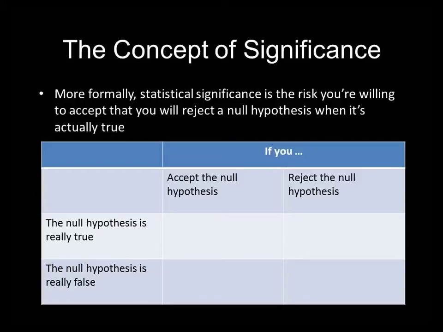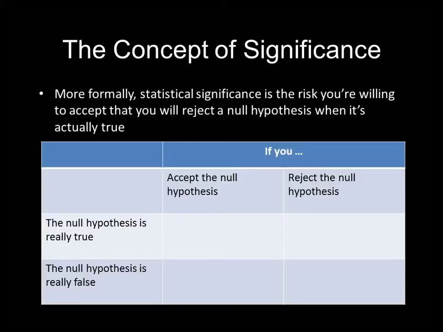More formally stated, statistical significance is the risk you're willing to accept that you will reject a null hypothesis when it's actually true. And again, if you need a reminder about what a null hypothesis is or a research hypothesis, please check out my other video on that very topic.